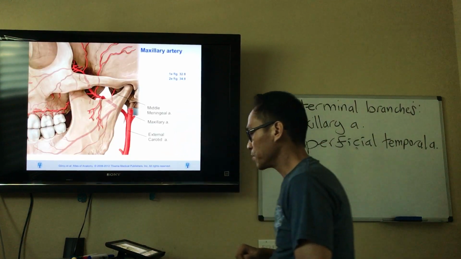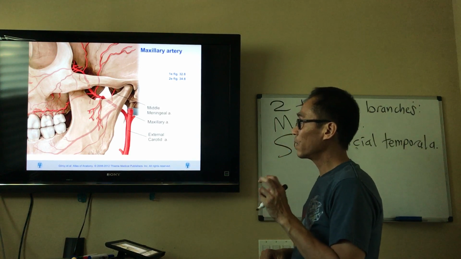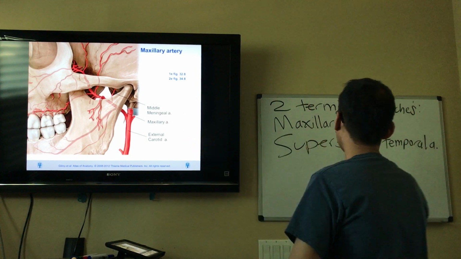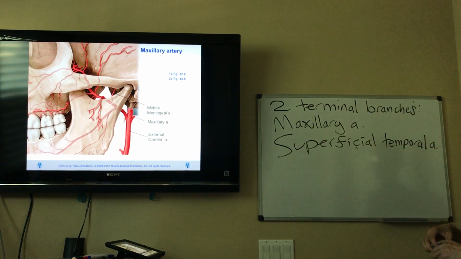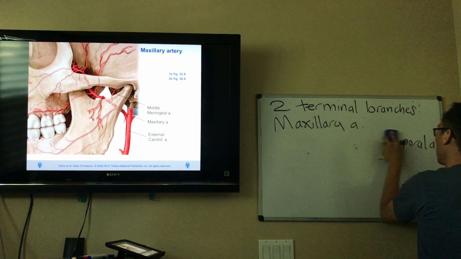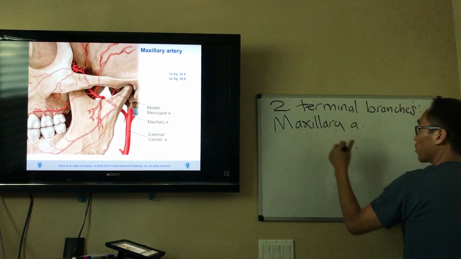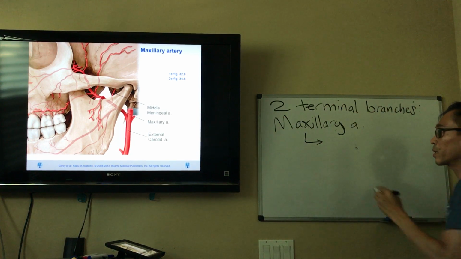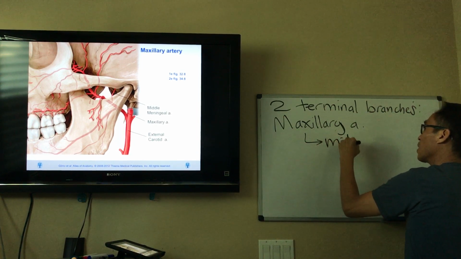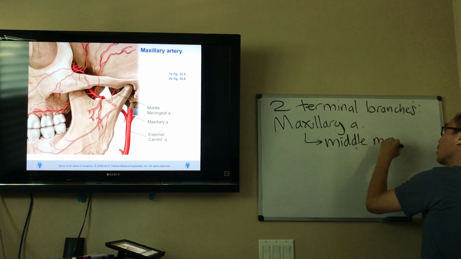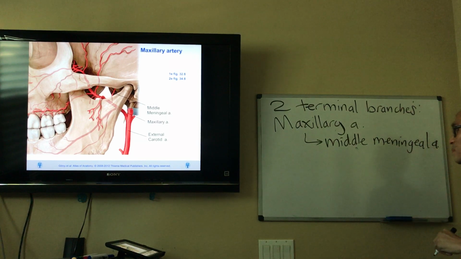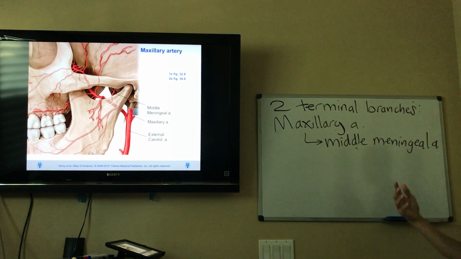Okay. There's actually one branch of the maxillary artery I want you to know, and it's called the middle meningeal artery. Okay, so I'm going to erase this. And know that right under maxillary artery, the one branch of it you got to know, middle meningeal artery, is named so because it supplies blood to the meninges that cover the brain, like the dura mater.